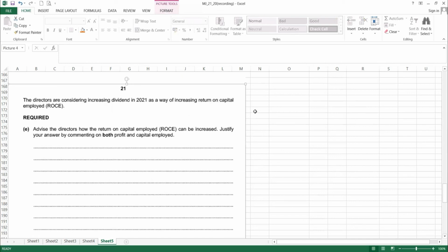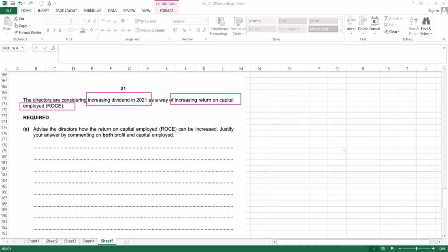The reason is they want to increase ROCE because they are thinking of increasing the dividend next year.